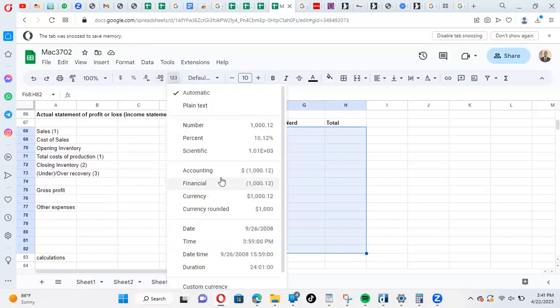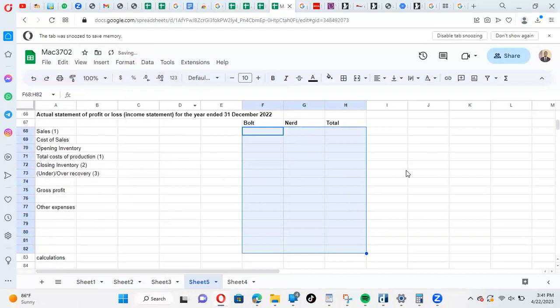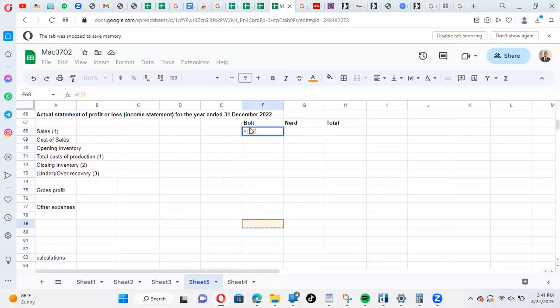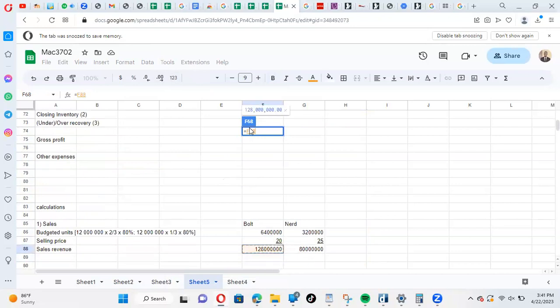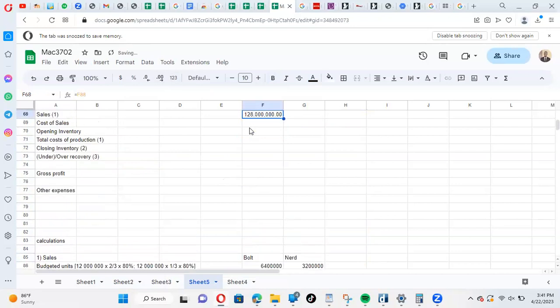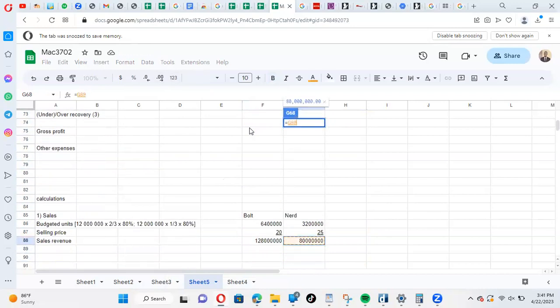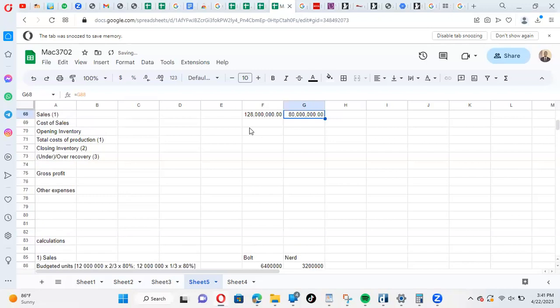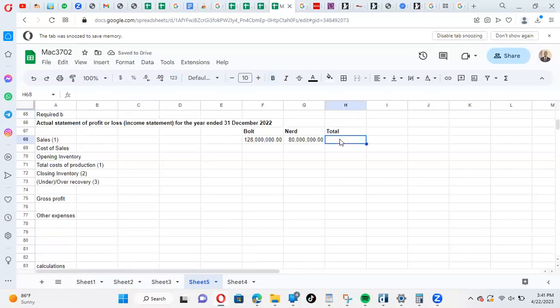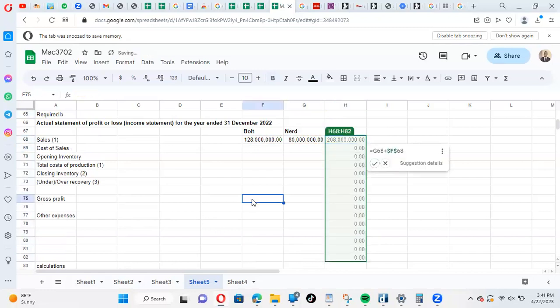Let's put that on financial. Right. So this is our sales for Bolt. And then for net, we have that amount right there. And then here we want the total. Ne? Yeah. So this total, we are going to apply it all the way.